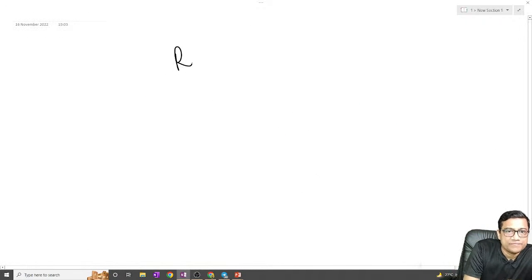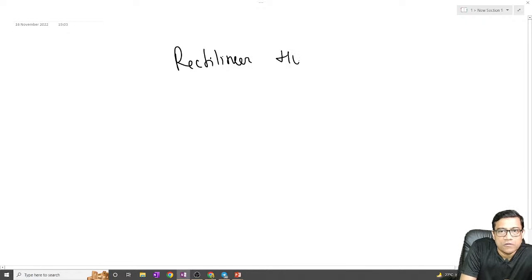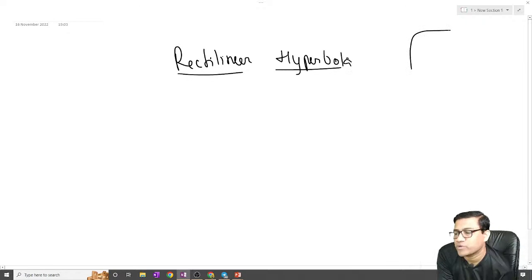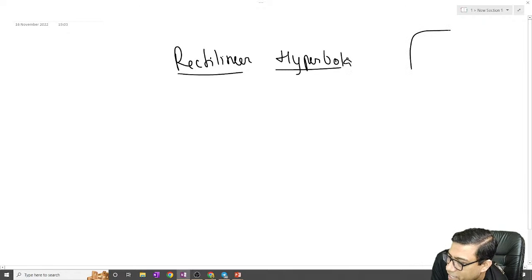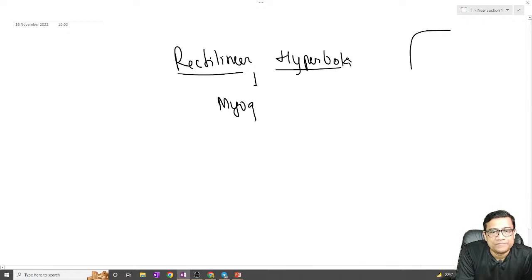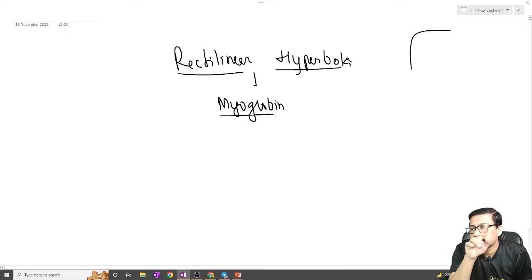Rectilinear hyperbola, and this rectilinear hyperbola curve looks like this. It is seen in myoglobin. So myoglobin is first left shifted and it's almost like a rectangle, going upward and flat.